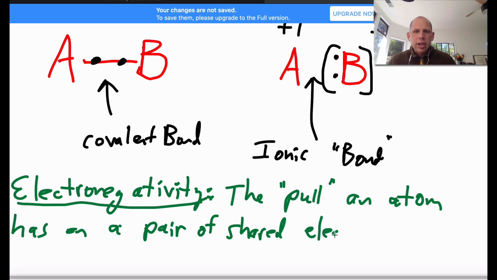Now, because it's the pull on shared electrons, we know that must be the pull on electrons in a covalent bond. So this is redundant, but I'm going to write it because I'm just keeping it real.